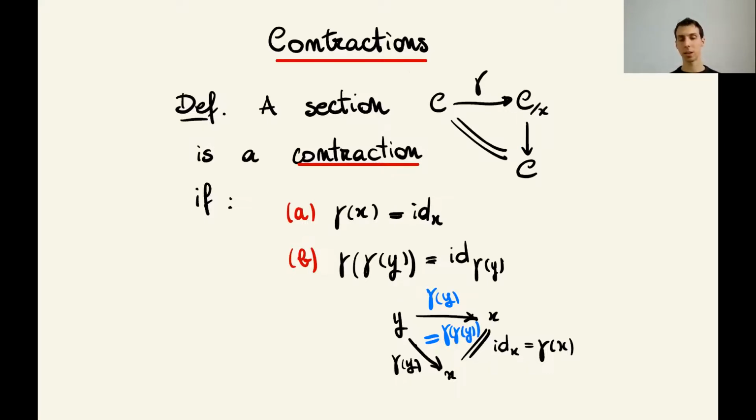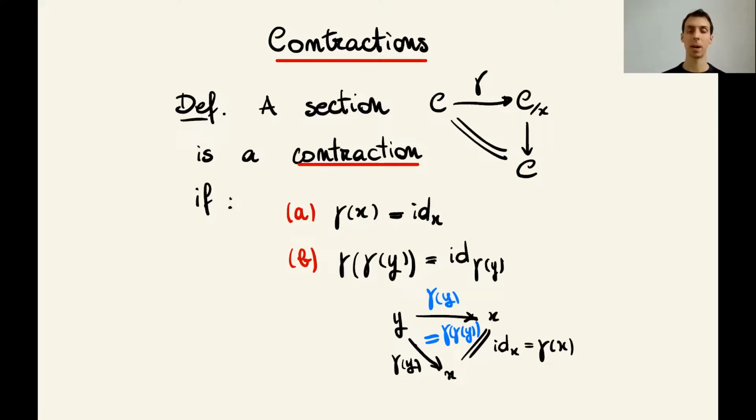This generalization of this characterization of terminality for higher categories is known by the name of contractions in the literature.